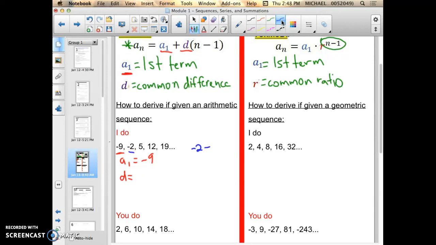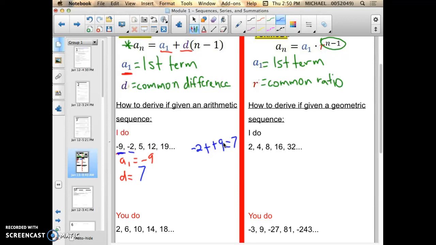And I have to subtract the term before it, which is the first term, negative 9. So negative 2 minus a negative 9 equals, again, when you subtract the negative, it becomes positive. So negative 2 plus 9 is a 7. So my common difference in this case is 7.